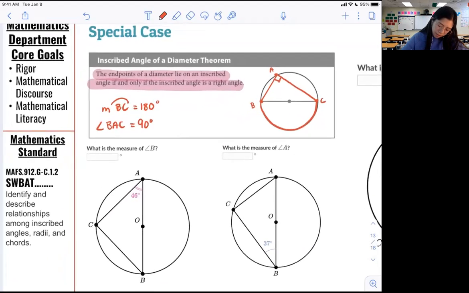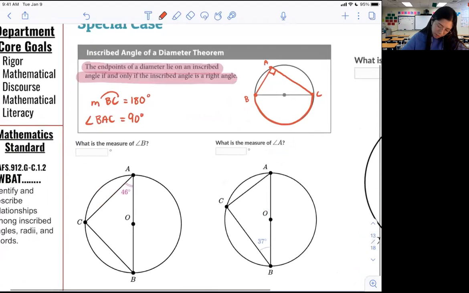So in example A, let me set this up the same way. Which of these is a right angle and how do you know? Good. Angle C is a right angle because AB is a diameter. When AB is the diameter, that's the only time that it's going to be 90 degrees.